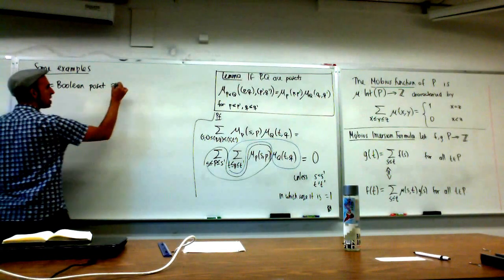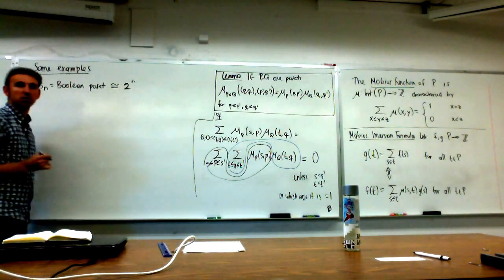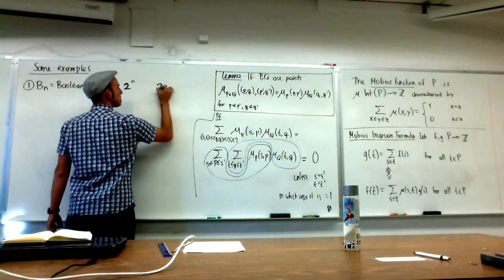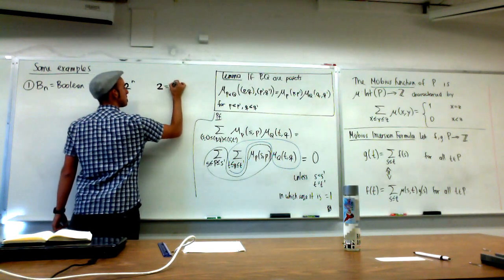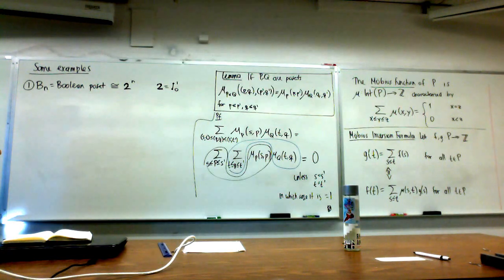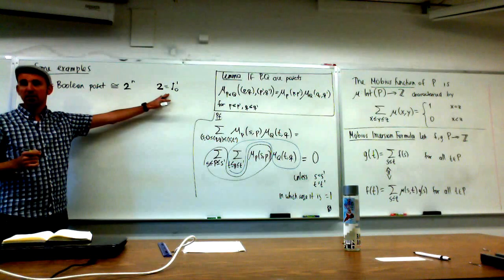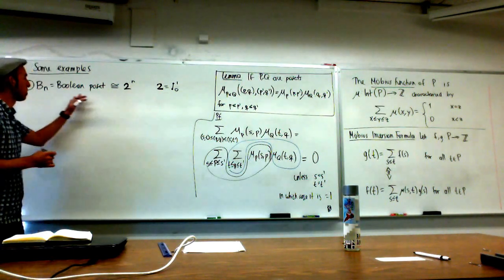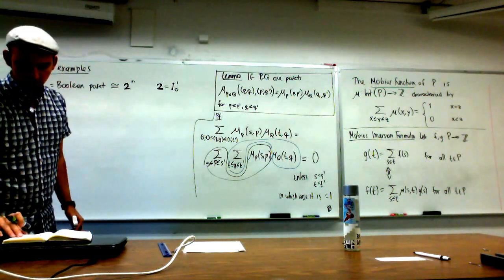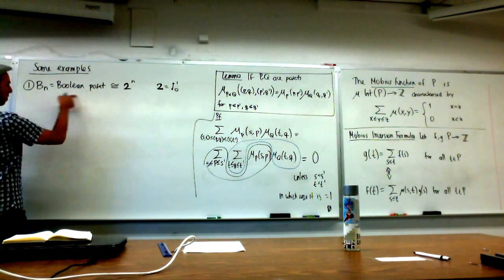It's the product of the chain of two elements n times, where this is the poset of two elements, 0 and 1. Okay? And because I know the Moebius function of this one is very easy, then I'm going to get the Moebius function of the whole thing. Right? Well, first of all, what is this?